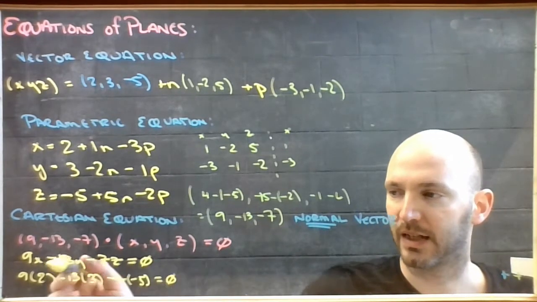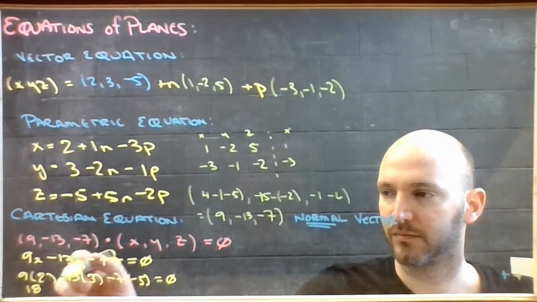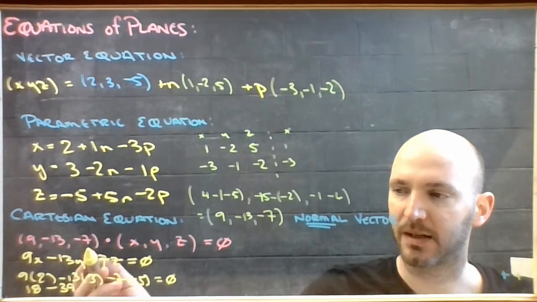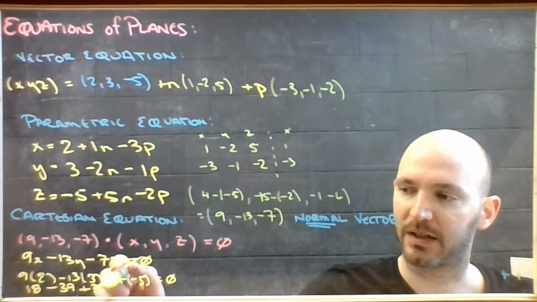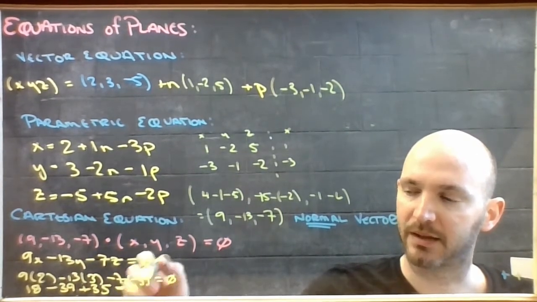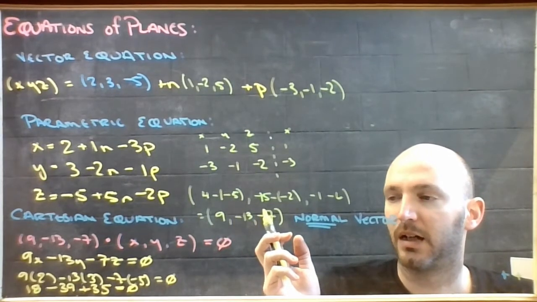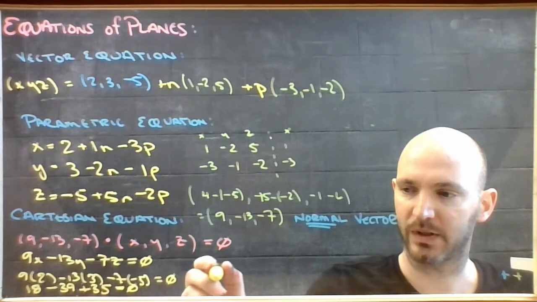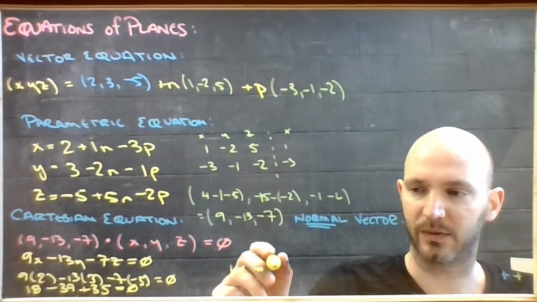So if I tried that, 9 times 2 is 18, negative 13 times 3 is negative 39, and negative 7 times negative 5 is positive 35. So I end up with 35 and negative 39 is negative 4, and 18 is 14. 14 equals 0.